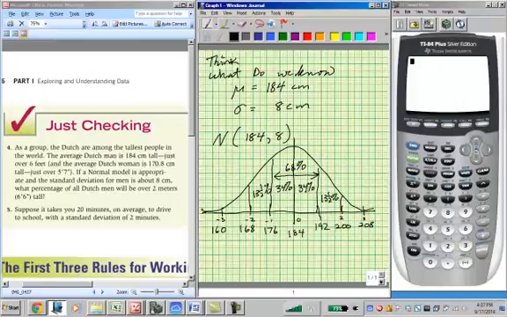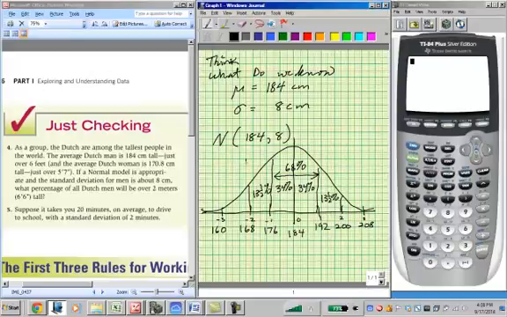So 13.5% of the Dutch male population is between 168 and 176 centimeters, and 13.5% is between 192 and 200 centimeters tall, all approximate.